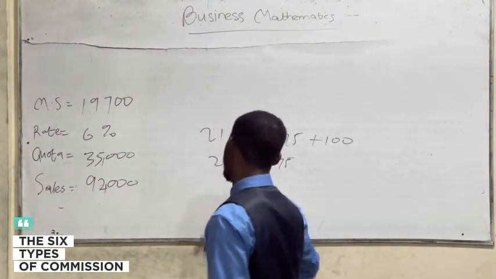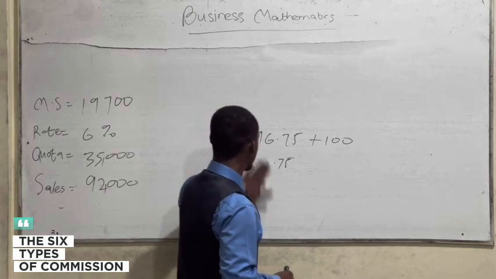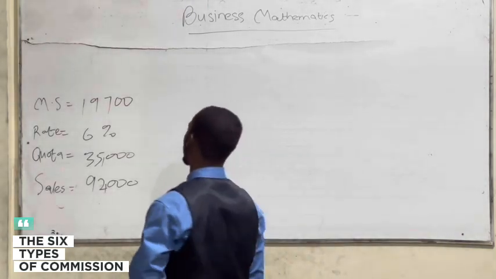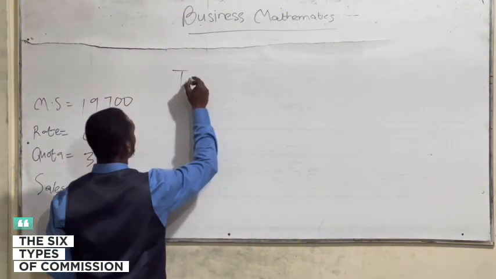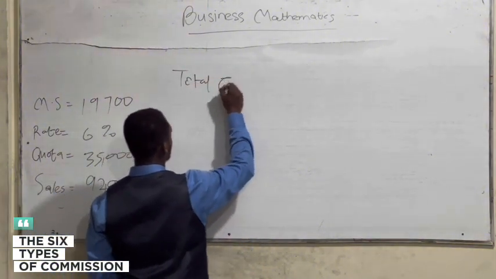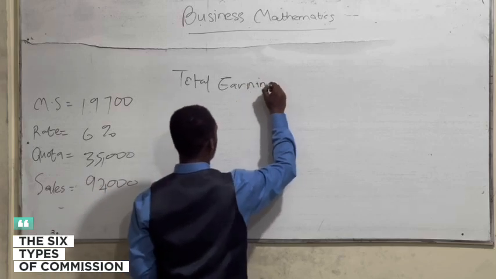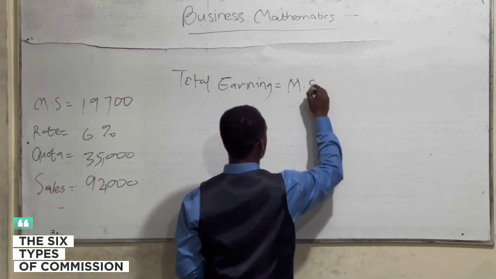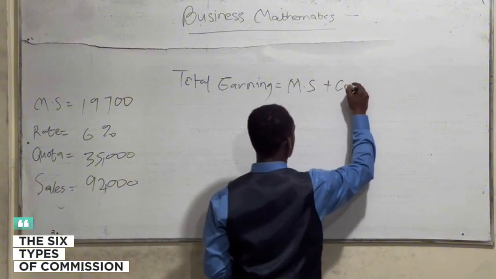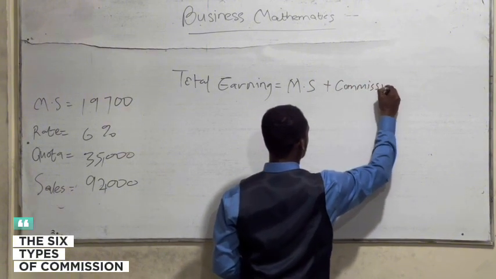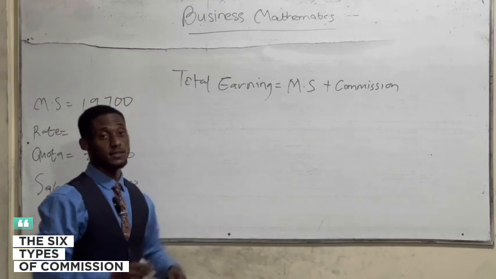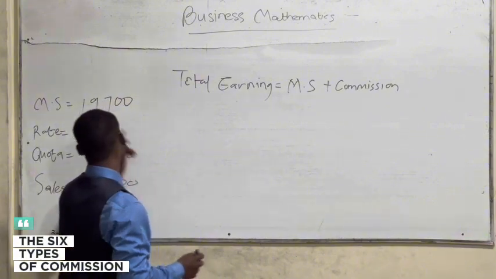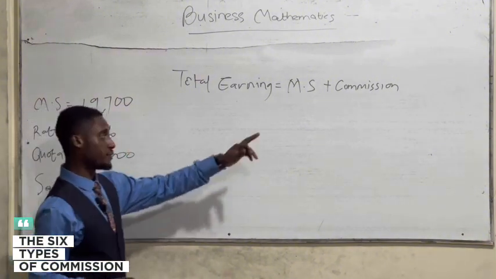So this is the second example to what we just did. MS stands for, or represents, monthly salary, and now here our monthly salary has already been given, so we find our commission.